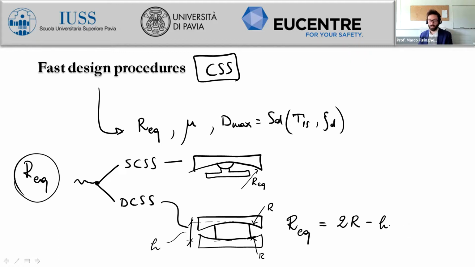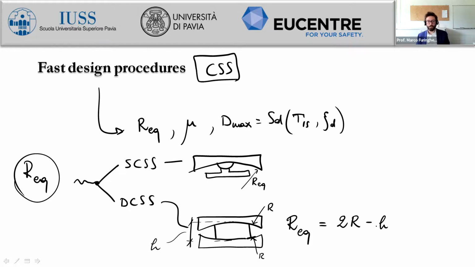By assuming the height of the internal slider, we can compute the radius of curvature of the surfaces, or vice versa: we can guess an initial value of the radius of curvature for the sliding surfaces and then compute the height of the internal slider.